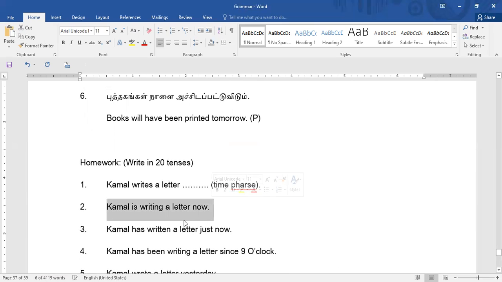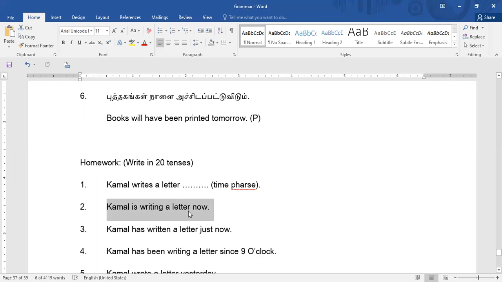Then present continuous. Kamal is writing a letter. Others, change it into passive. A letter is written.